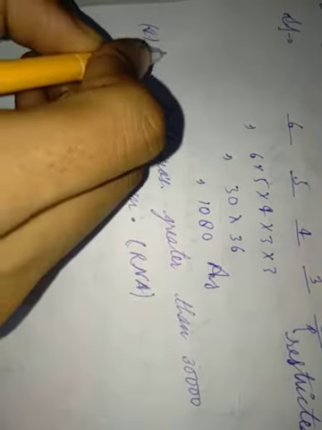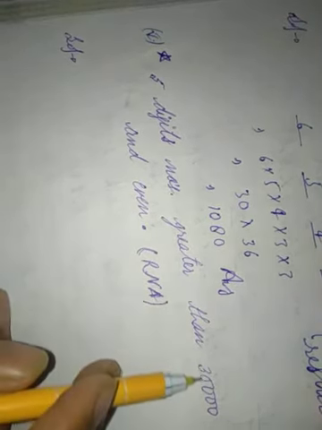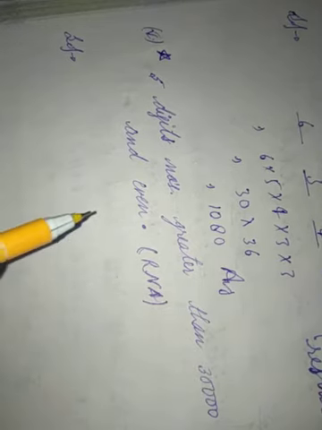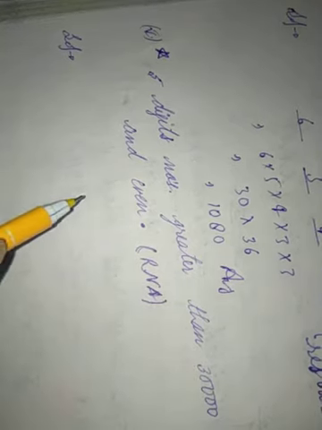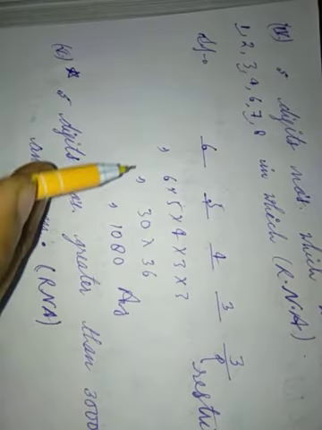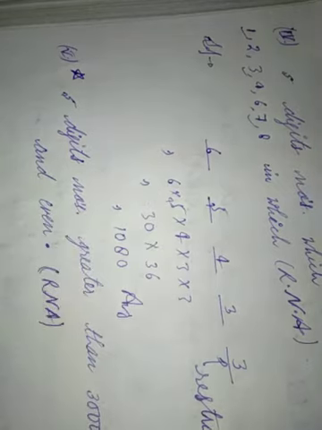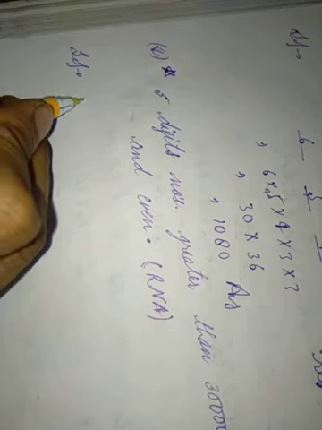This is an important question. Five-digit numbers greater than 30,000 and even. In this case we are not solving in the very simple way of the previous question; in this question we make cases.